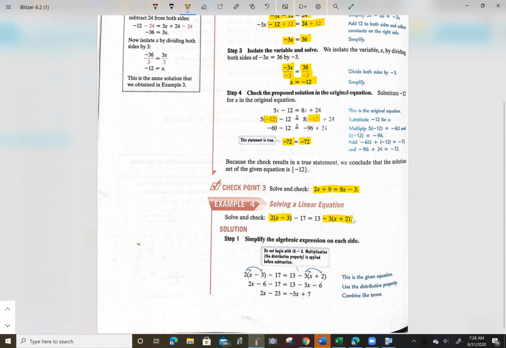I will say right here, this is where I see the most mistakes made by people all the way up through upper level maths: distributing and forgetting the negative, okay? Leaving off the negative when you're distributing.